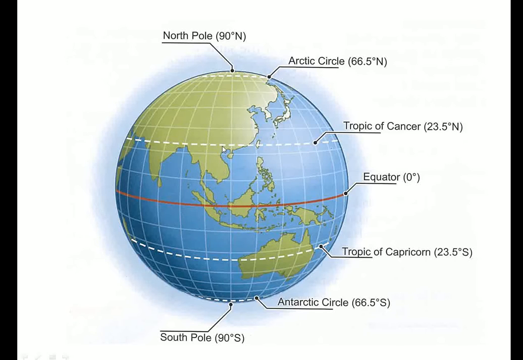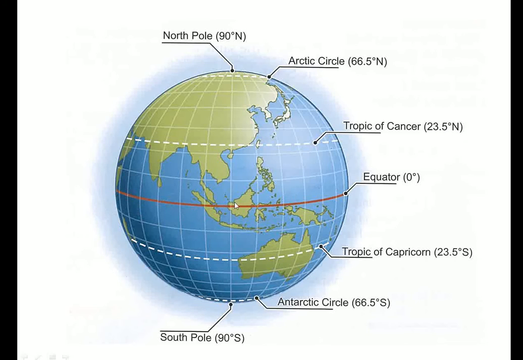Let me repeat some of the important latitudes. The first one is the North Pole, which is 90 degrees north, 北極點. And then here we have the Arctic Circle, 北極圈, which is 66.5 degrees north. And then we have the Tropic of Cancer, 北迴歸線, which is 23.5 degrees north.